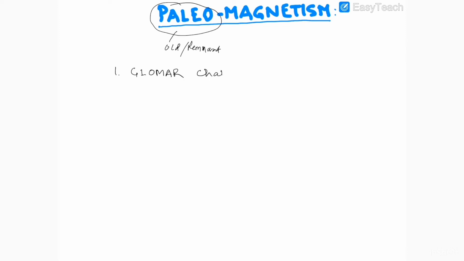This is nothing but the name of a ship. You can see the picture of the ship on Wikipedia. This expedition took place in 1968 and continued for around 15 years, so it got over by 1983.